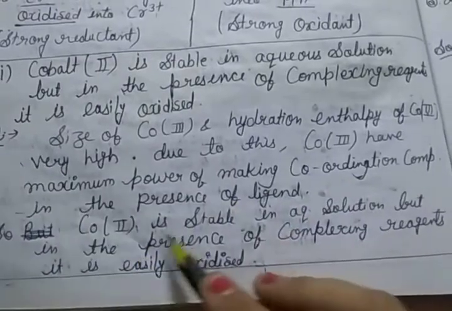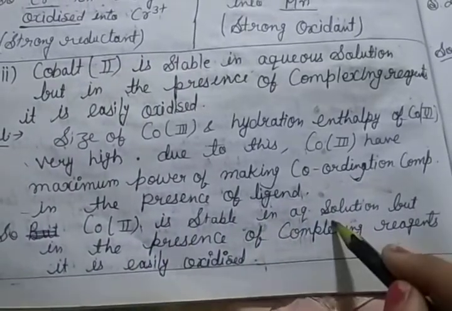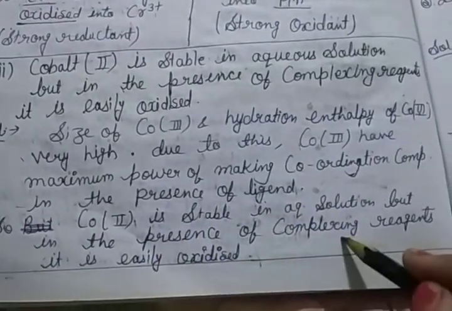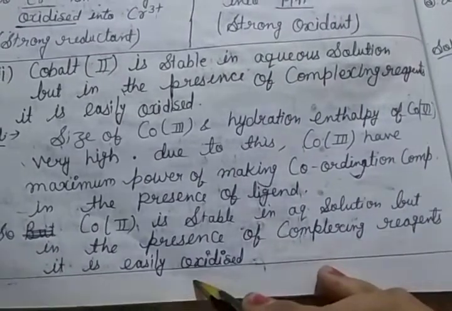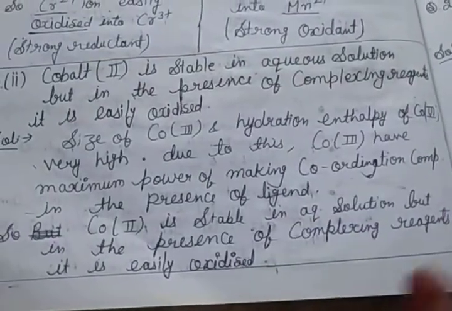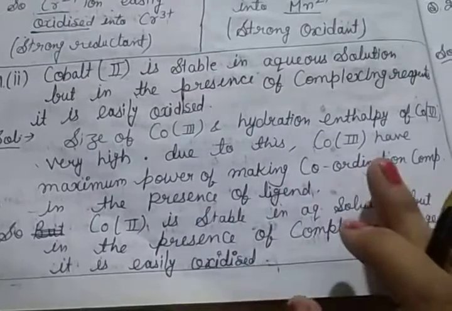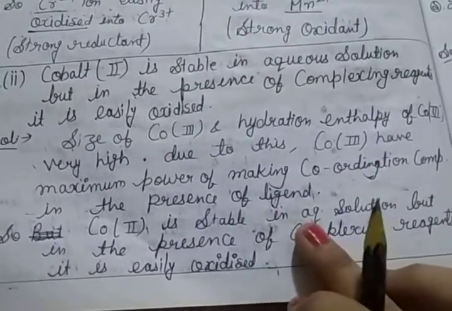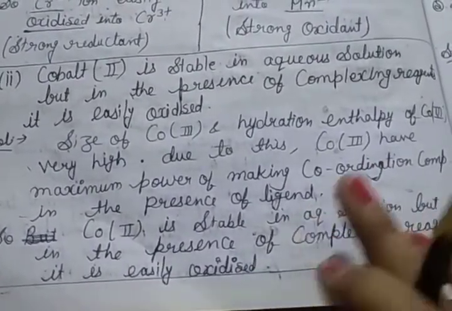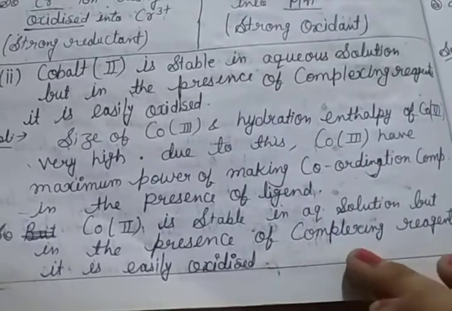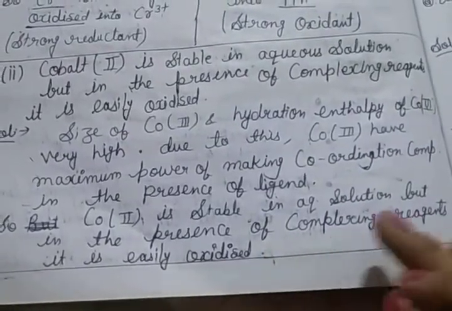So cobalt 2 plus is stable in aqueous solution, but in the presence of complexing reagents it is easily oxidized.